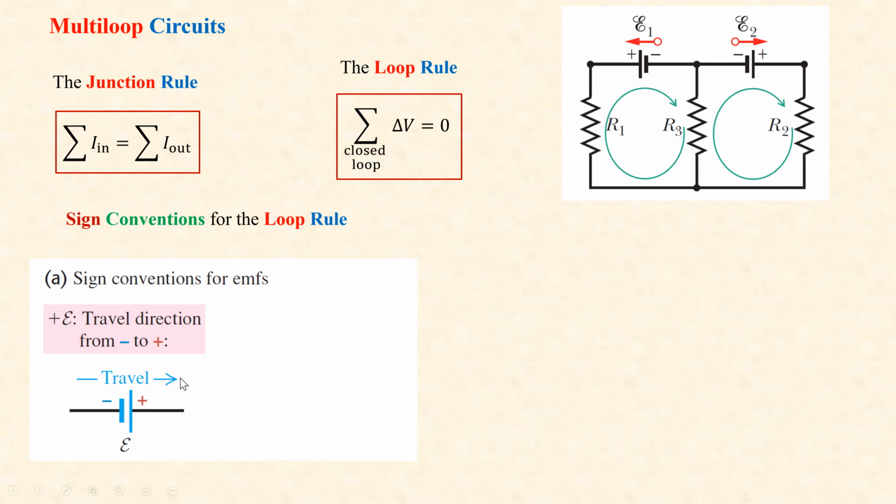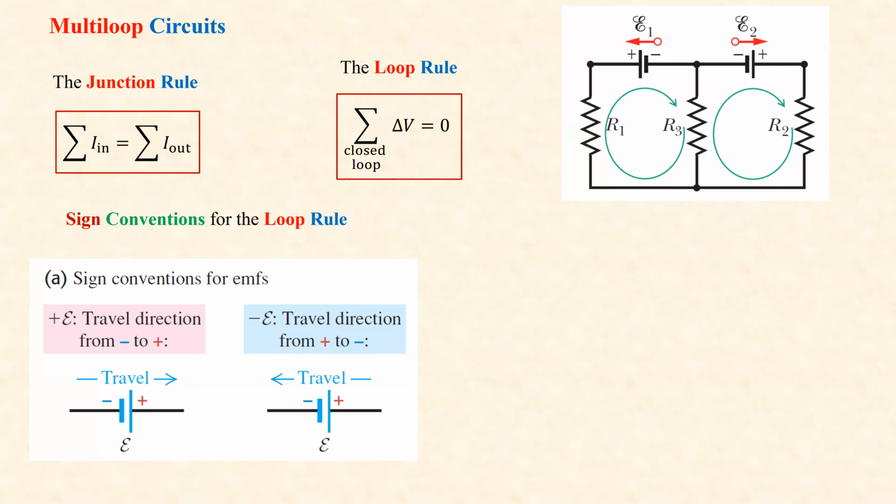You go this way through the loop, you're going from the negative side of the battery to the positive side, you consider plus E, or plus EMF of the battery, or voltage of the battery, for the change of the potential, because this side is higher than that side. So when you go in this direction, you increase the potential by E.